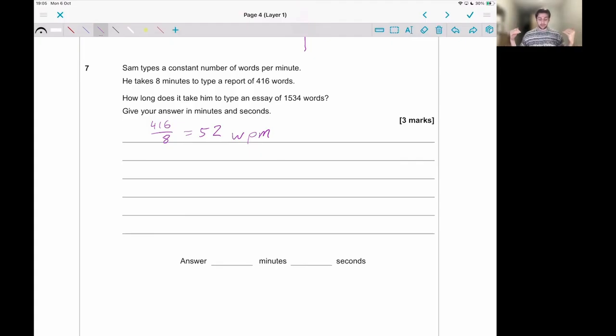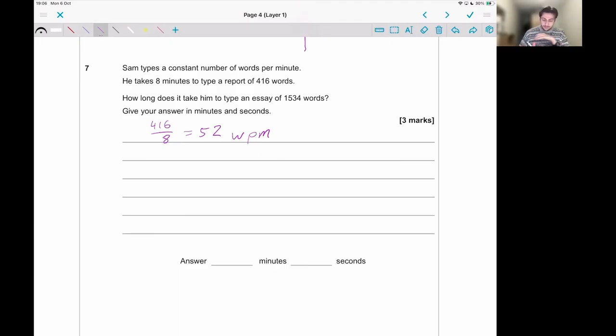Now let's see what the third sentence is saying. It's saying, how long does it take him to type an essay of 1,534 words? So we've got his rate of typing. We know that his rate of typing is constant, and we want to know how long, with that constant rate, will it take to write 1,534 words?